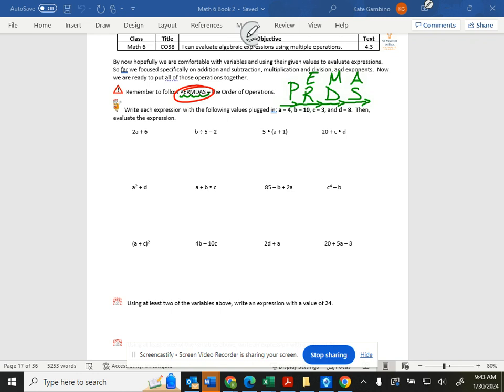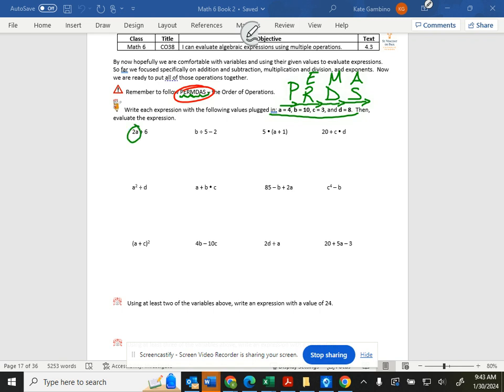It's whichever one you hit first, going from left to right. So not only are we working with our order of operations, we are also plugging in those variable values. One thing that I found is it's easy to make a simple mistake when you're given 4 different values to plug in the wrong value. So be careful that you're plugging in the correct value.